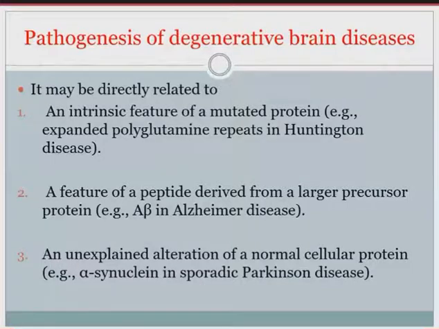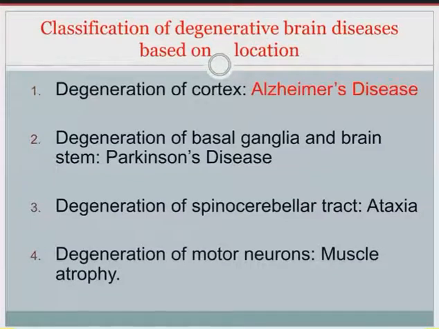The classification of degenerative brain disease can be based on location. In Alzheimer's disease, there is degeneration of the cortex. If there is degeneration of the basal ganglia and brainstem, we classify it as Parkinson disease. In ataxia, there is degeneration of the spinocerebellar tract.